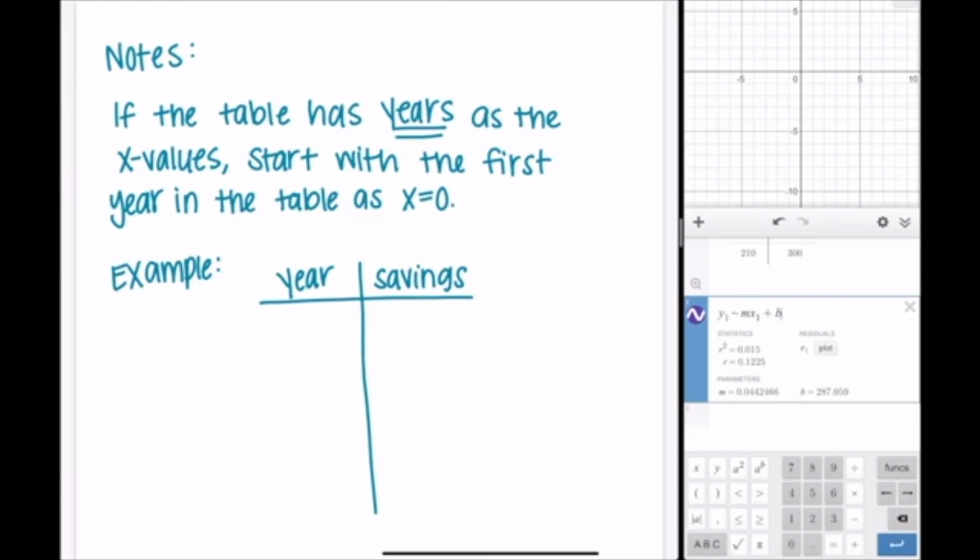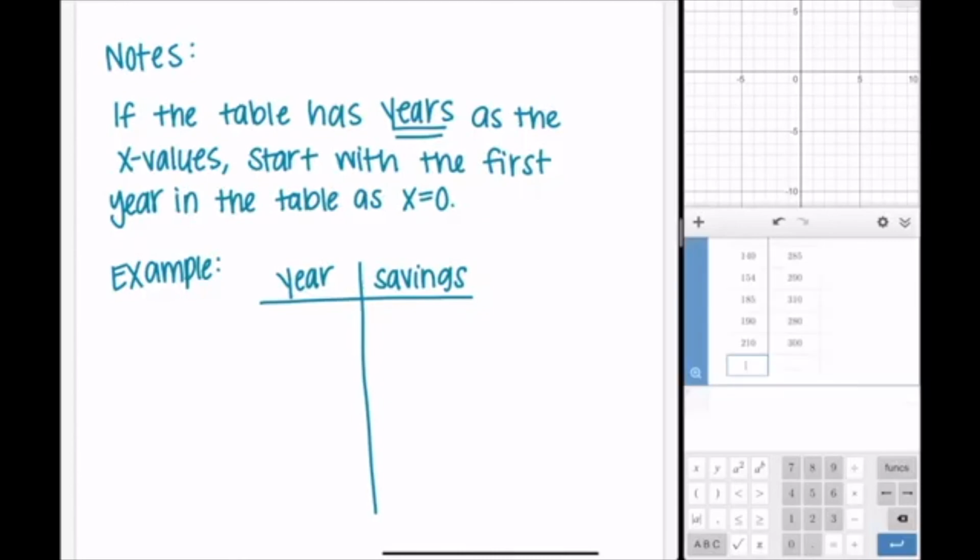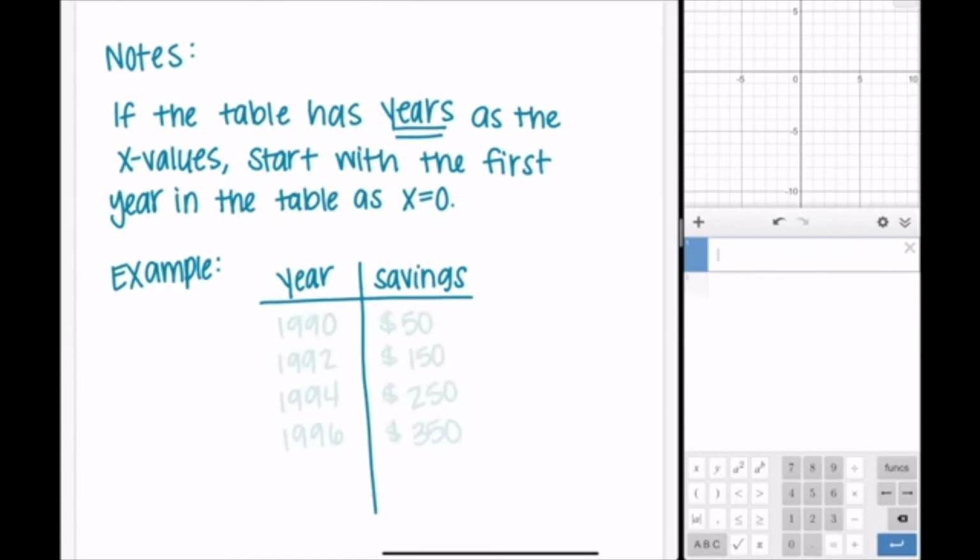Finally, before we end this lesson, I want to remind you that if the table has dates or years specifically as the x values, you're going to want to enter 0 as the x value in the table in Desmos instead of the actual year date that's given. So instead of typing 1990 as our x value, we are going to type in x equals 0 as our beginning value instead.